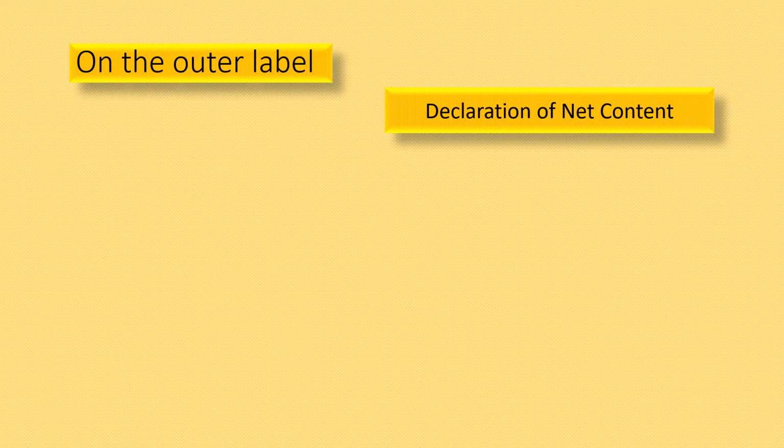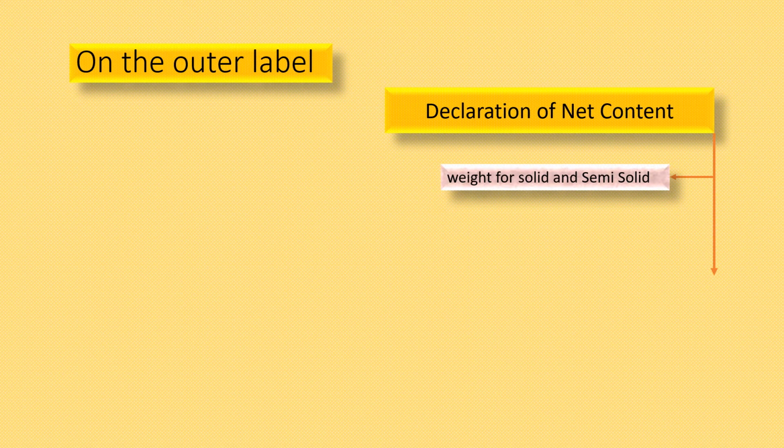The first point is weight for solid and semi-solid, meaning the weight of the solid and semi-solid preparation is to be mentioned in the declaration of net content. For liquids, the net content is given as fluid measure, that is in ml, milliliter, liter, whatever, and it should be mentioned there.